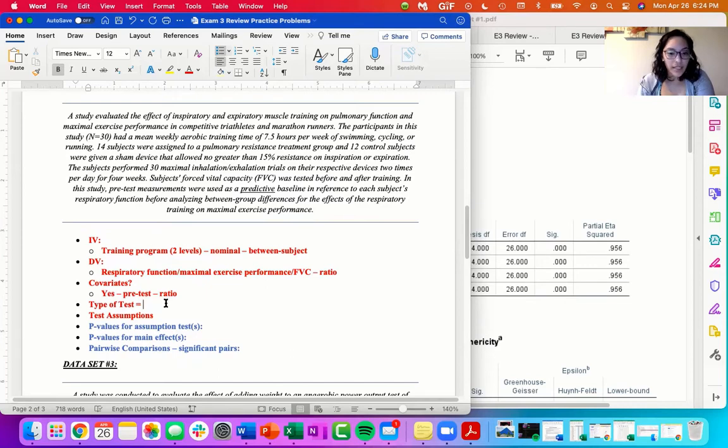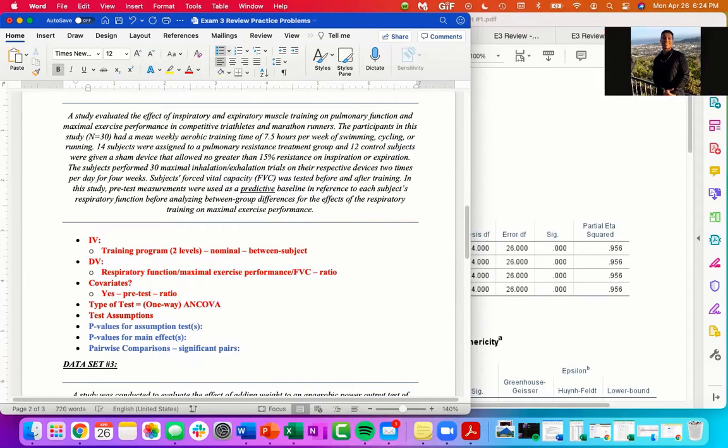So based on this information, what type of test should we run? An ANCOVA. So again, you can put one way if you want to, but ANCOVA would also be counted as correct. If you go through the stat sheet summary, with the information given, since there's two levels of that independent variable, wouldn't the technical test be an independent t-test?